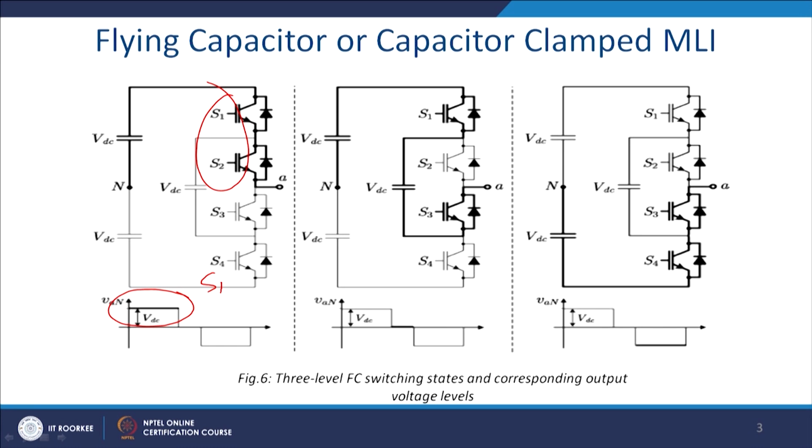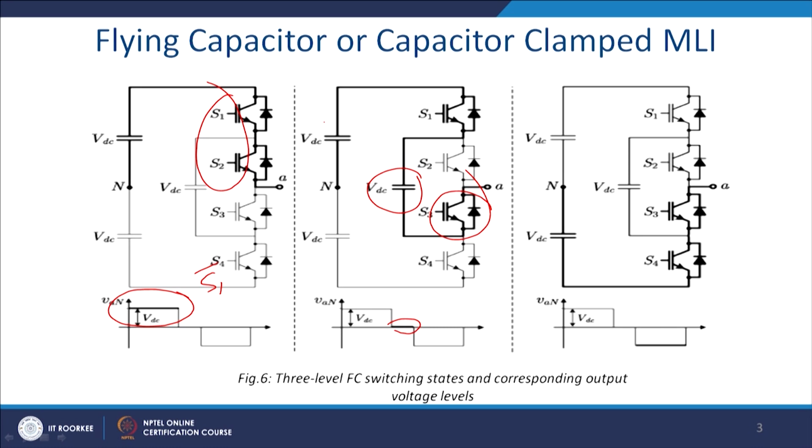Later we will find out, this one is S1 bar. Similarly, if you wish to generate this 0, you will connect this S1 and S3 should be on. Then this is the realization; ultimately this is a path and this voltage comes into the picture.